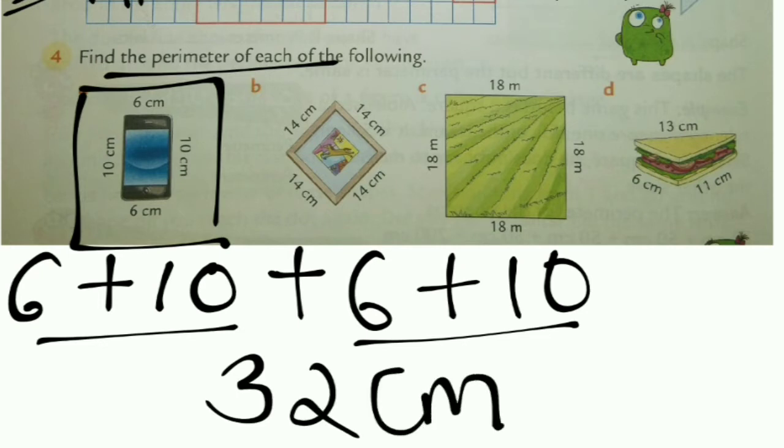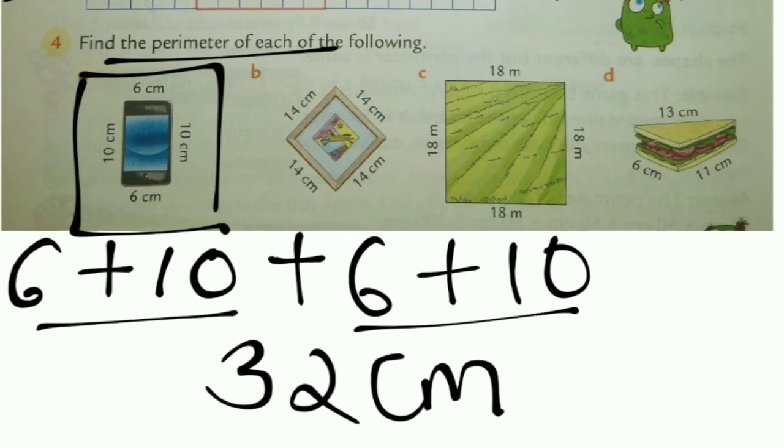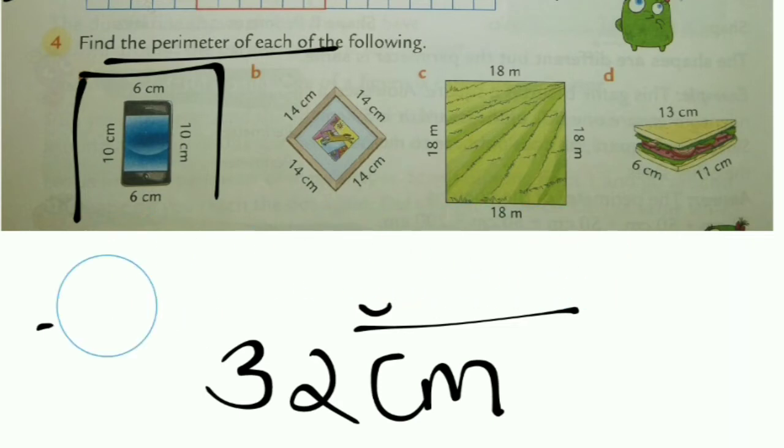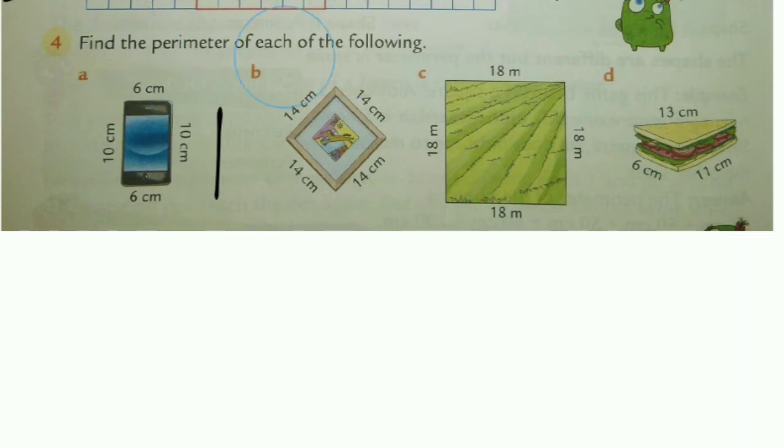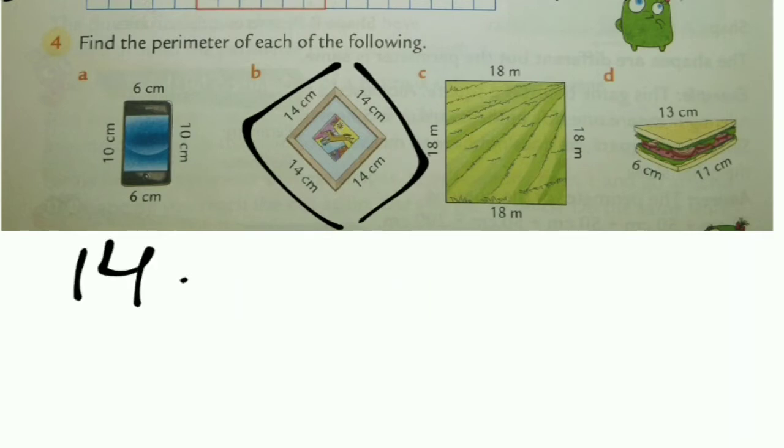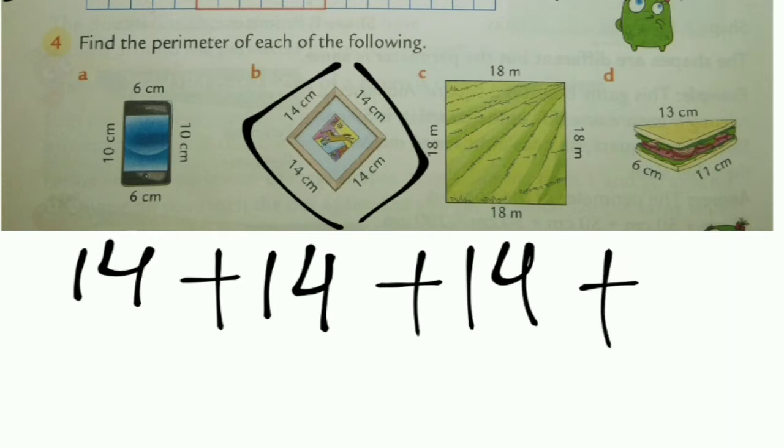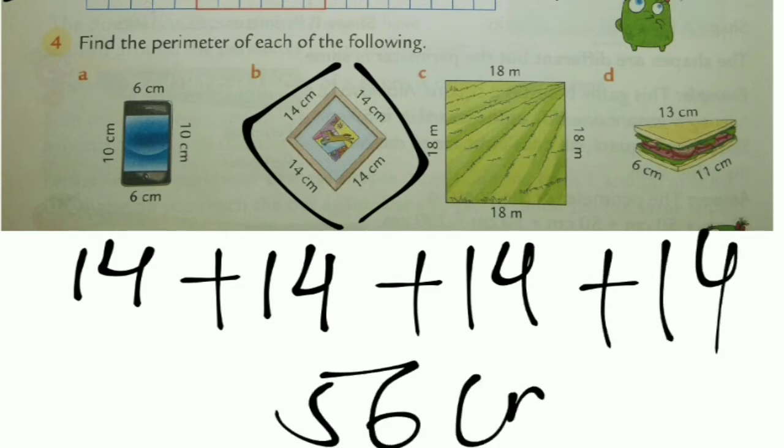And here centimeter is given, so we can write centimeter. Question number 2. In this figure, all the sides are equal. So, 14 plus 14 plus 14 plus 14 will come 56 centimeter. Like this, you can find the remaining 2.